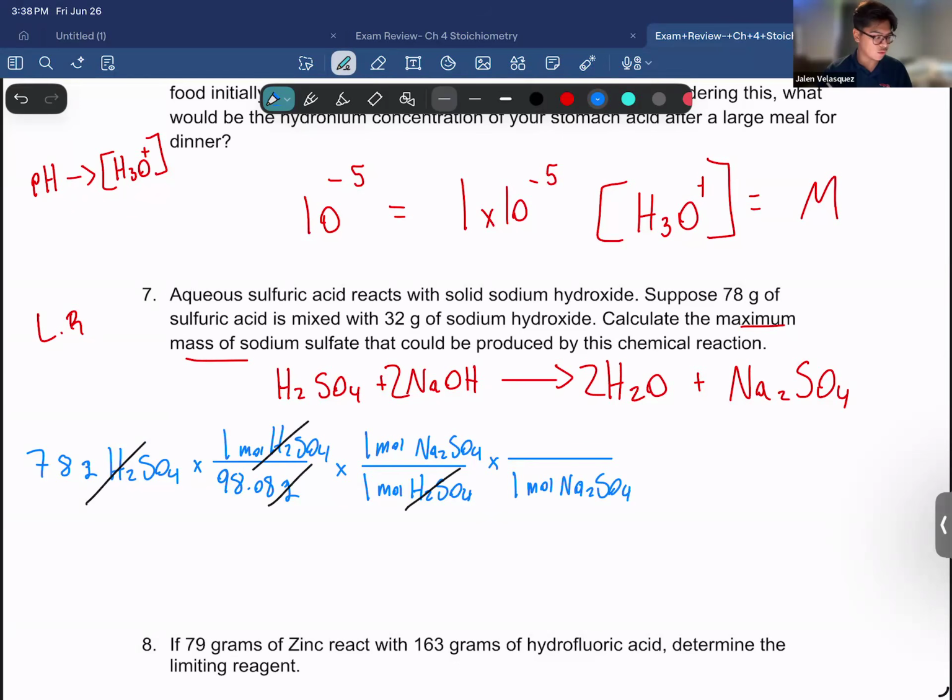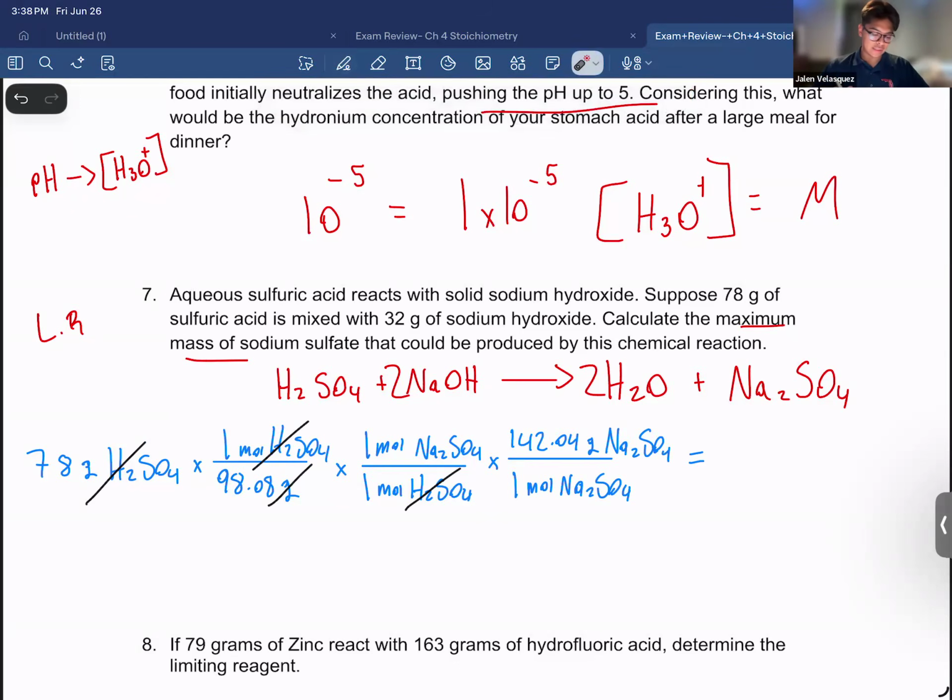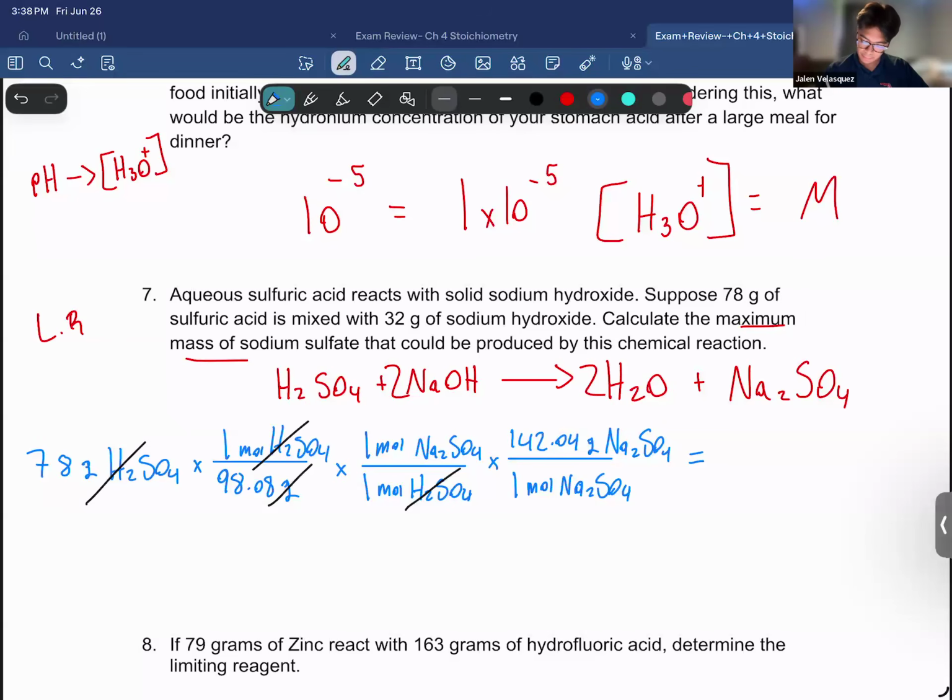So the molar mass for sodium sulfate is 142.04 grams. So for the sulfuric acid, 78 divided by 98 times 142, you will get 112.96 grams of sodium sulfate.